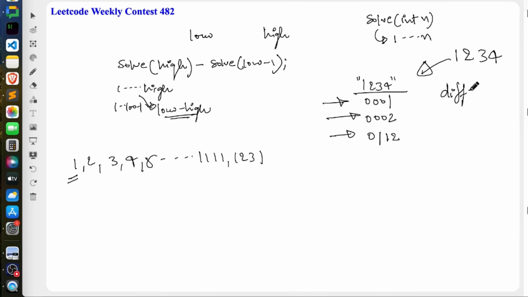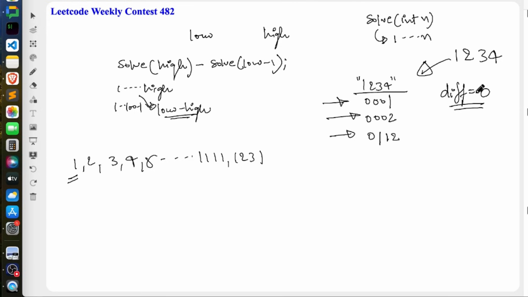The diff will tell you the difference, because at the end we have to find out whether the difference is 0 or not. A difference of 0 means the sum of digits at even positions is exactly equal to the sum of digits at odd positions. So we would be dealing with diff. I just want to let you know how to start with the digit DP. We have to build all the numbers from 1 to 1234.